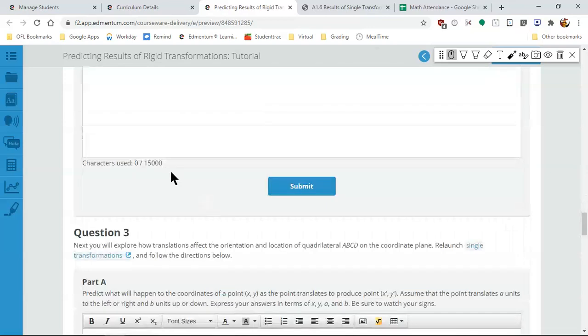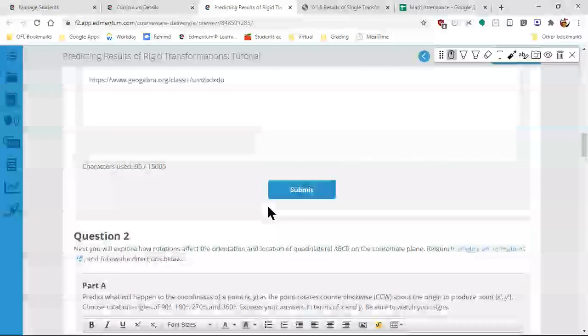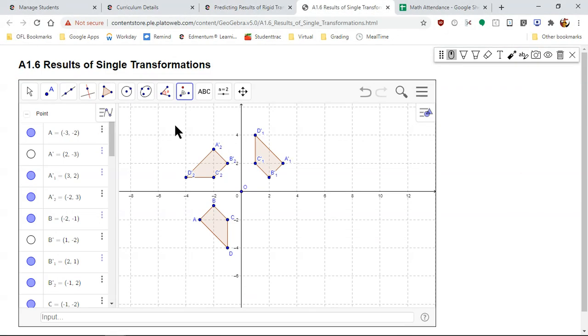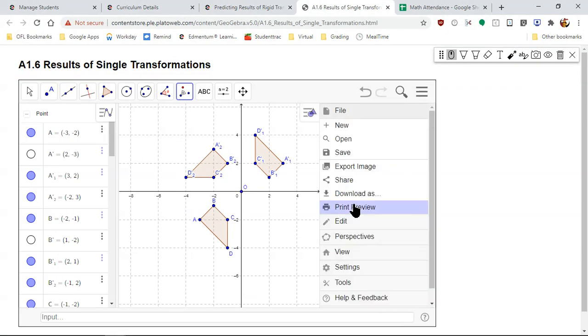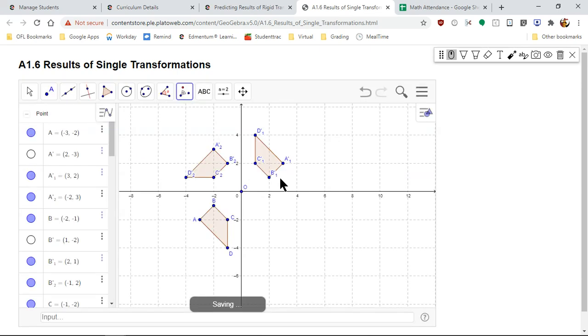And for this one, when it asks, how do they compare? Basically the exact same thing as here. You're just going to have a different link. So you're just going to copy this link right here, share, again, write your name. Since this is the second time you use it, you can put like a number 2 or something to show that it's different.